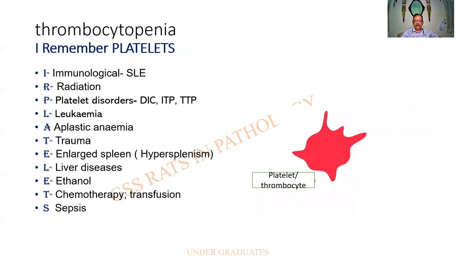Well, a small mnemonic designed by me. I hope you people will be able to remember it. I remember platelets: the causes for thrombocytopenia. And this is it.